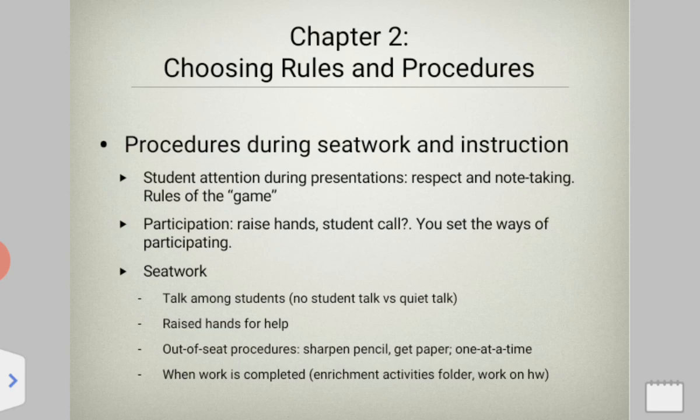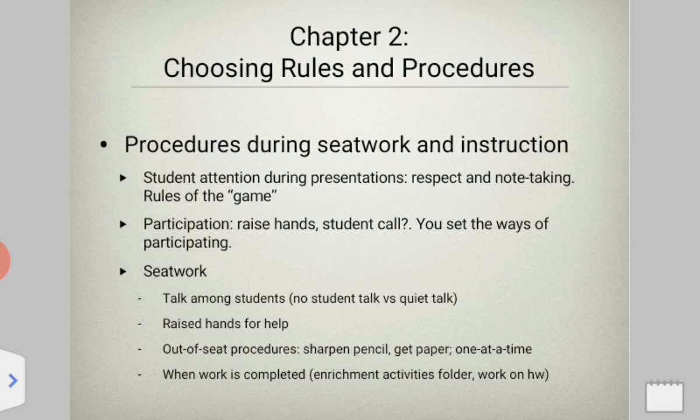Great, and here we have other procedures during seat work and instructions. Here we have two good aspects that we actually consider important: respect and note taking, right? Respecting other partners or classmates, participation and note taking.